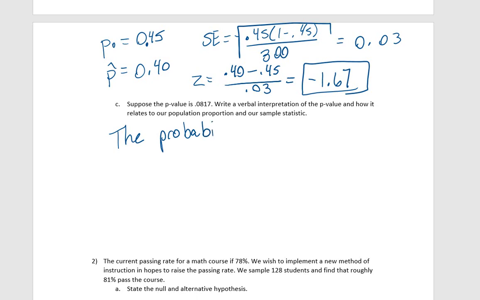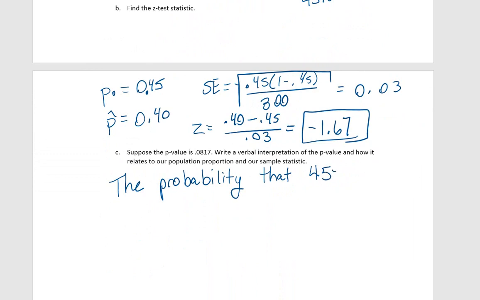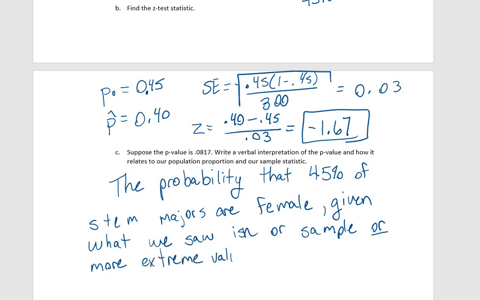The probability that 45% of STEM majors are female, given what we saw in our sample, or more extreme values, is 8.17%.